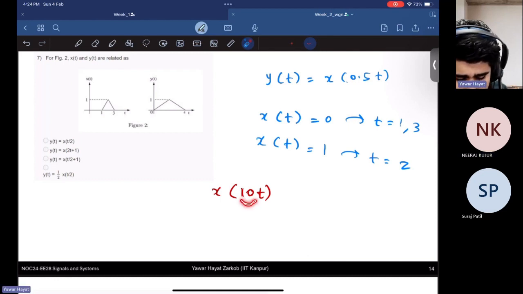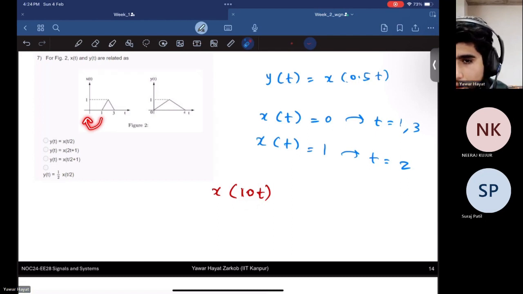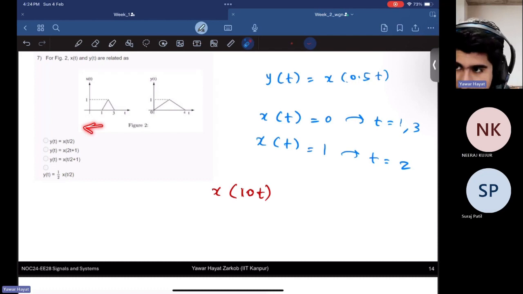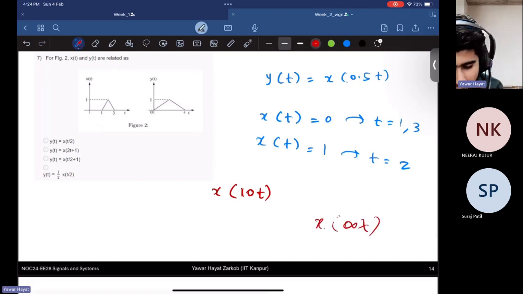The reason I used this greater than 1 was because I somehow want this 1 to go towards 0, right? I can make this move towards left, but I cannot make this reach 0. Theoretically, it will reach 0 only for this x of infinity t, right? And that would not make sense.